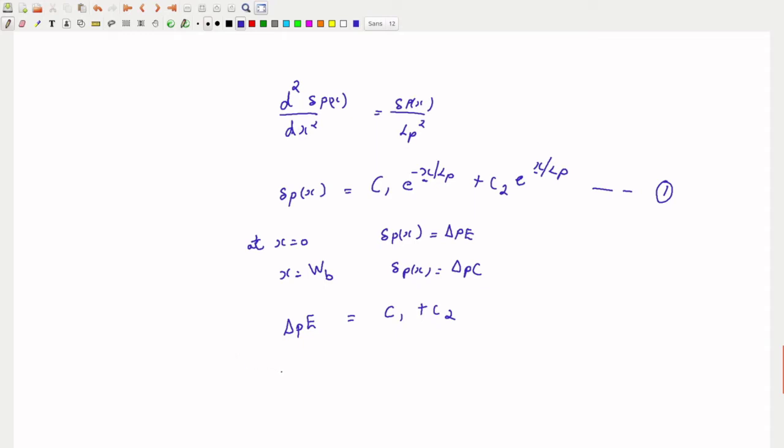Similarly, by applying the second boundary condition, x is equal to WB, we get delta Pc is equal to C1 e raised to minus WB by LP plus C2 e raised to WB by LP. Substituting WB in place of x.